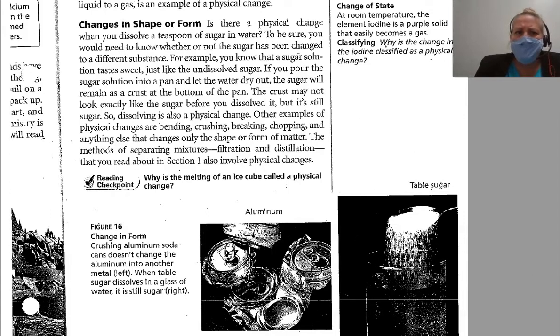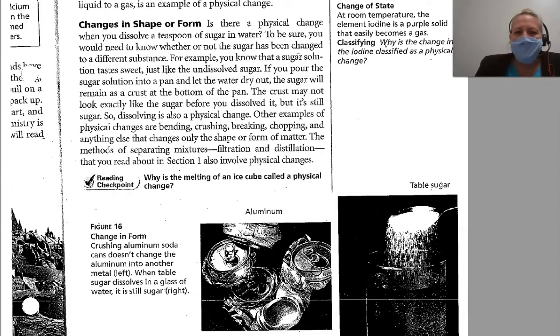To be sure, you need to know whether or not the sugar has been changed to a different substance. For example, you know that a sugar solution tastes sweet, just like the undissolved sugar. If you pour the sugar solution into a pan and let the water dry out, the sugar will remain as a crust on the bottom of the pan. The crust may not look exactly like the sugar before you dissolved it, but it is still sugar. So dissolving is a physical change.